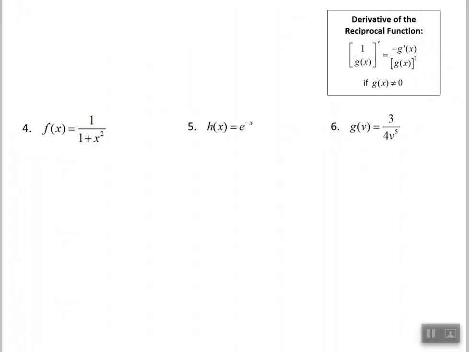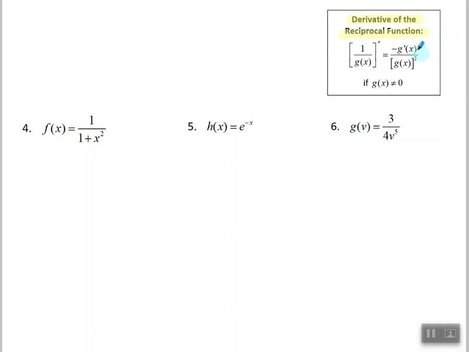Now, a corollary to our quotient rule theorem is the derivative of the reciprocal function. This is a quotient, 1 divided by g of x. And if I use the quotient rule on this, I'll get negative g prime of x divided by g of x function squared.